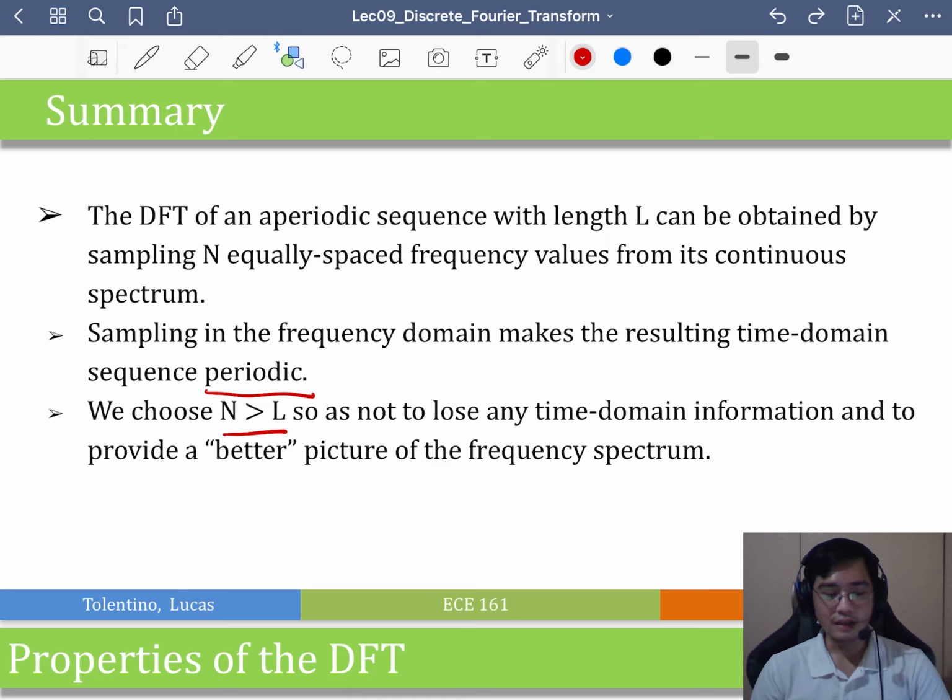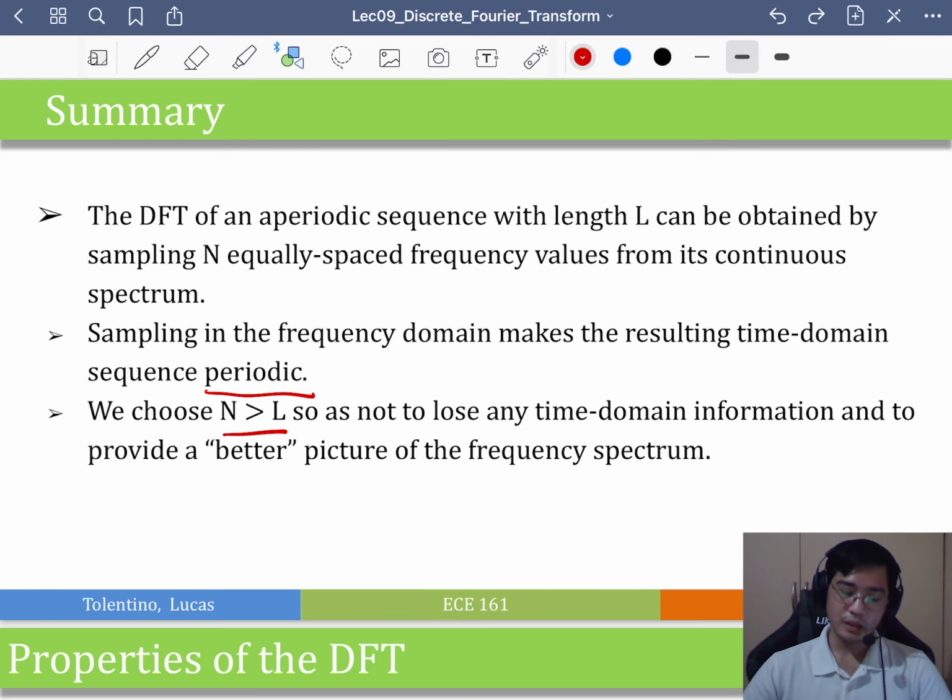So when we do that, we are actually making the original time domain sequence periodic with N. And we choose N, the number of points we should take from the continuous spectrum, to be greater than the length of the signal L so that we do not lose time domain information and also to provide a good picture of the frequency spectrum.